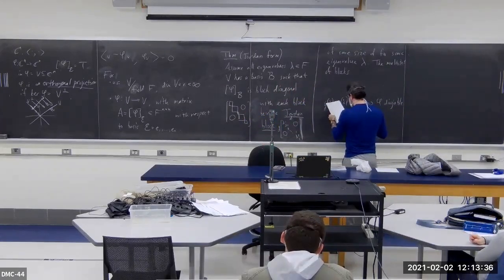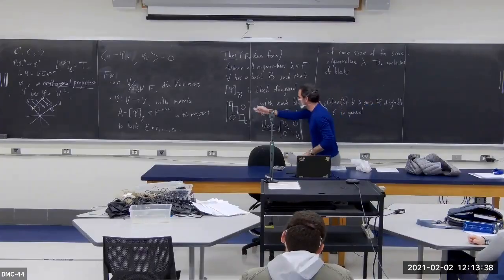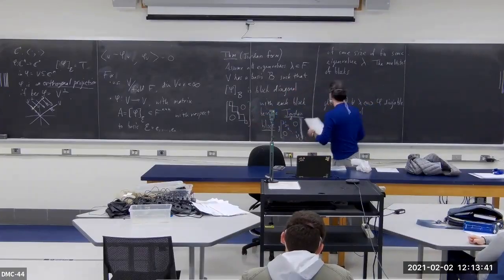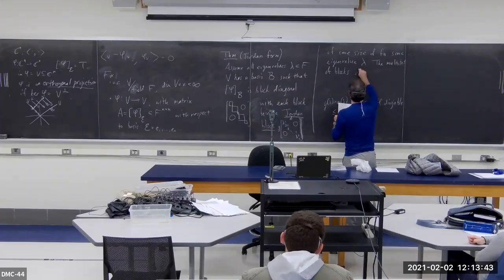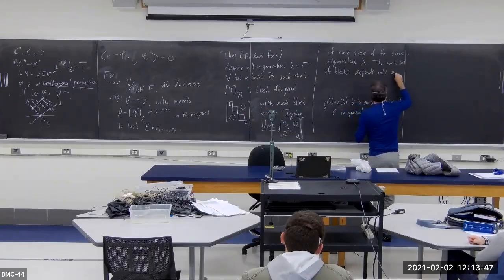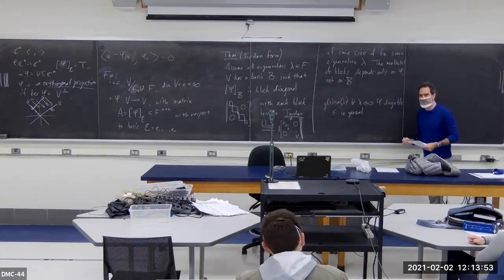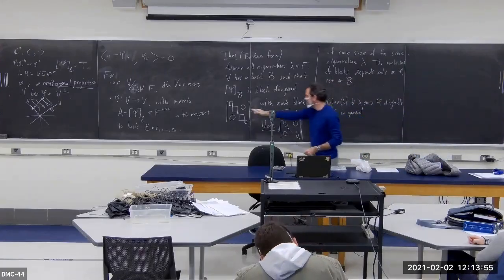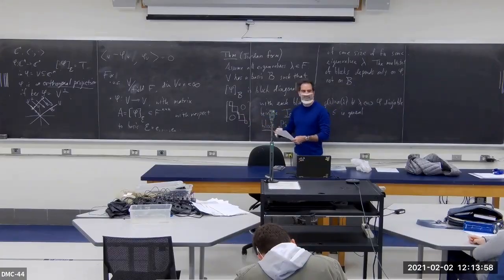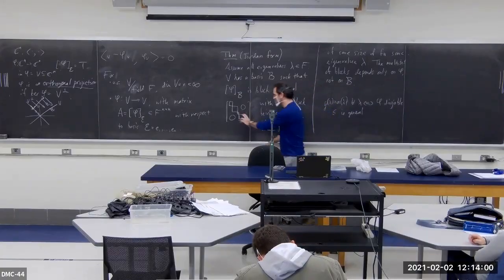So the multiset of blocks, that is without listing them in the order from upper left to lower right, depends only on phi, not on the basis B. That is, whatever basis B you choose to make the matrix look like this, you will always get a matrix that looks like this, but with the blocks perhaps permuted.